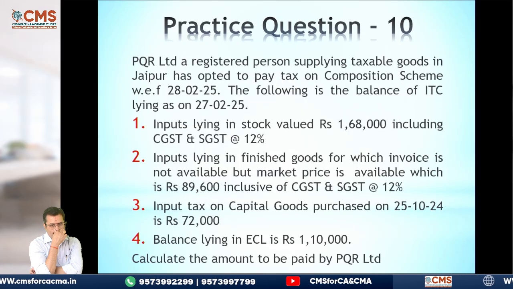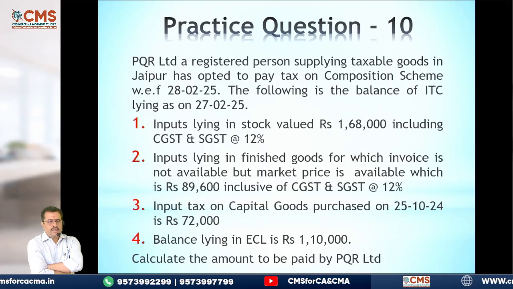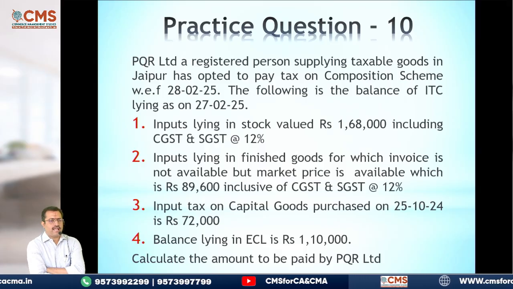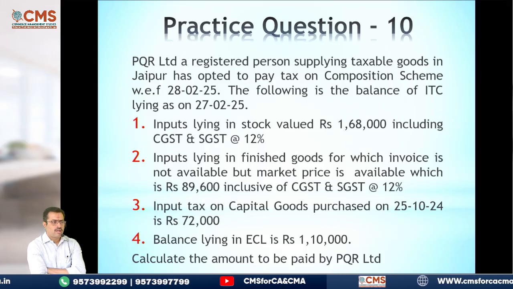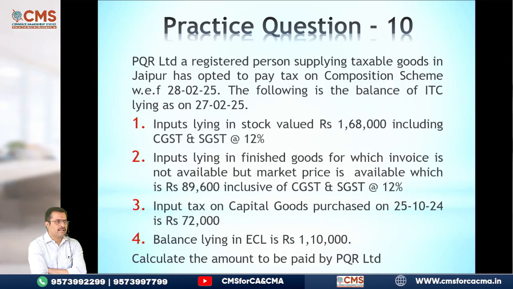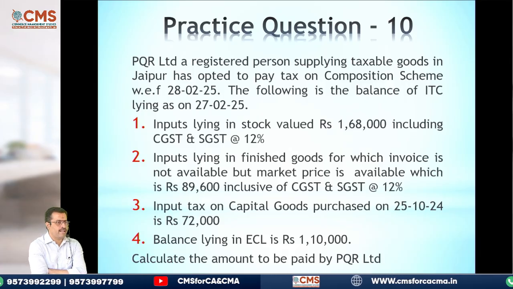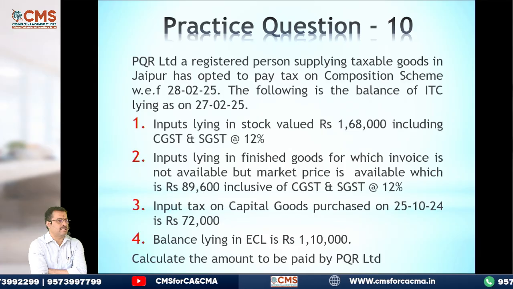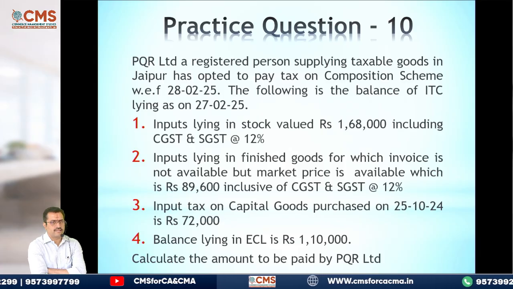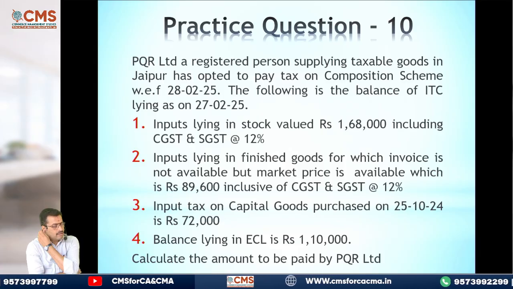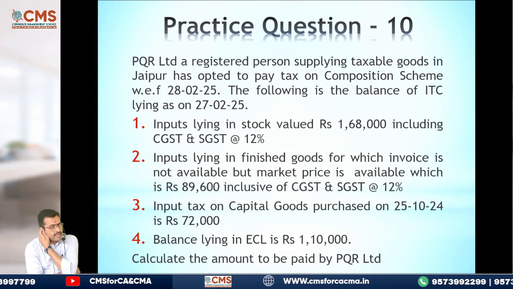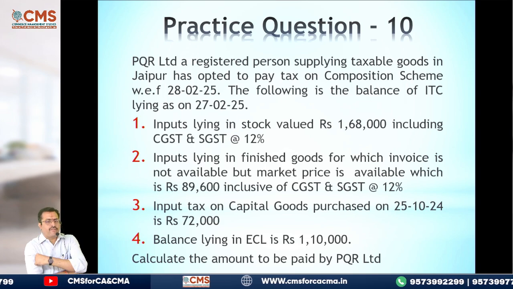Please see this one. PQR Limited, a registered person supplying taxable goods in Jaipur, has opted to pay tax under the composition scheme. Composition means you have to reverse the ITC, no? Reversal of ITC, just now we discussed Section 18 subsection 3, 6 and all. The following is the balance of ITC as on 27th February 2025, with effect from 28th February.